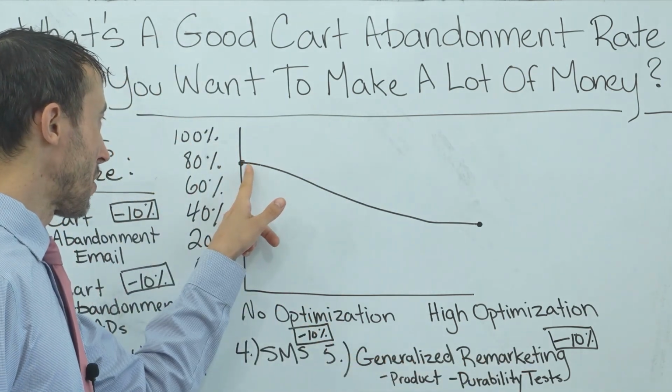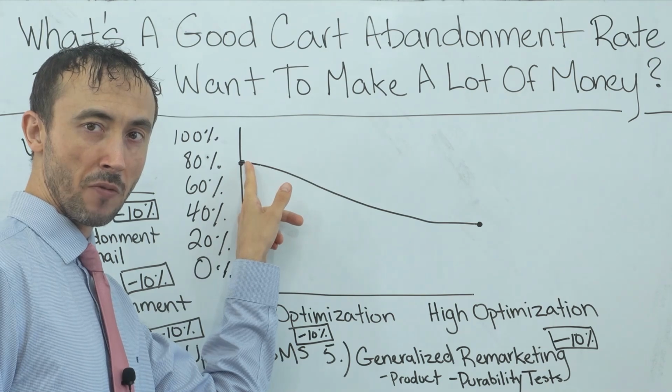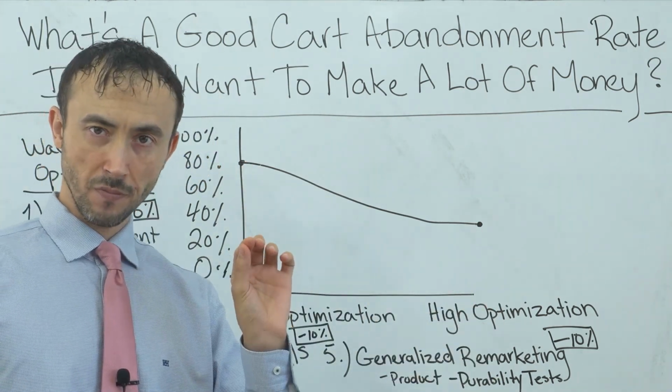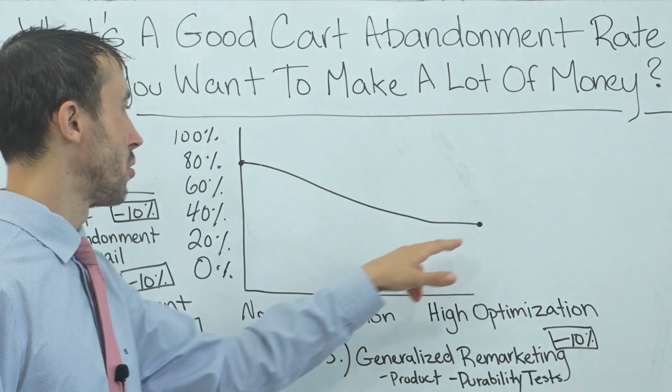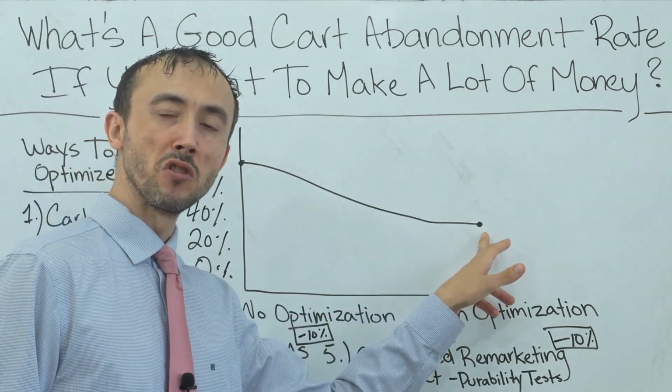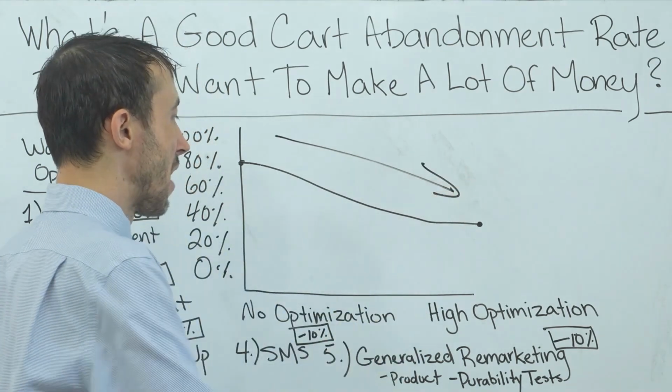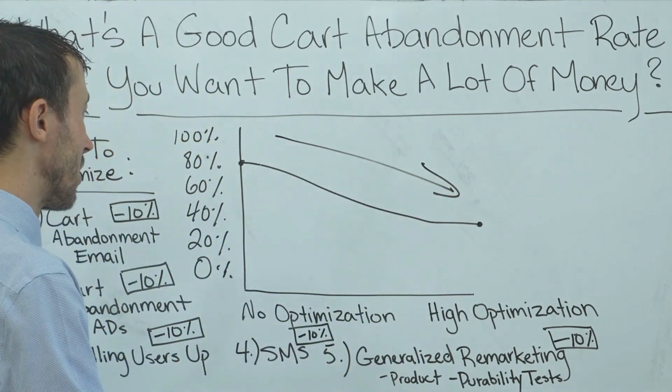So if you want to start up here, which is about 80% of the people that are adding something to cart, not buying, and get closer to this 30% range, which is the most ideal here, then you need to have this information I'm sharing with you here today.